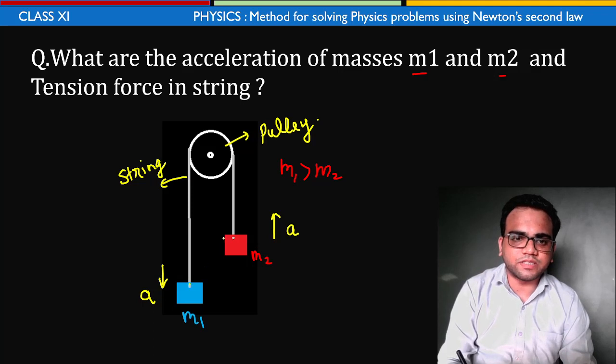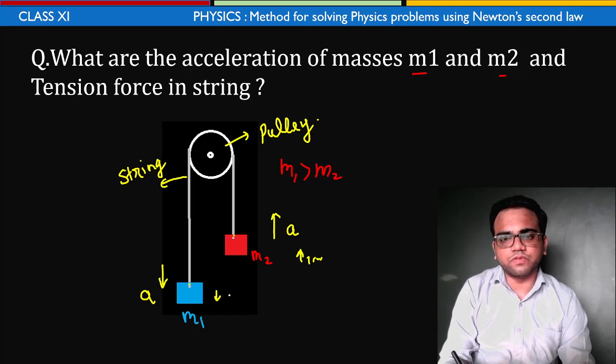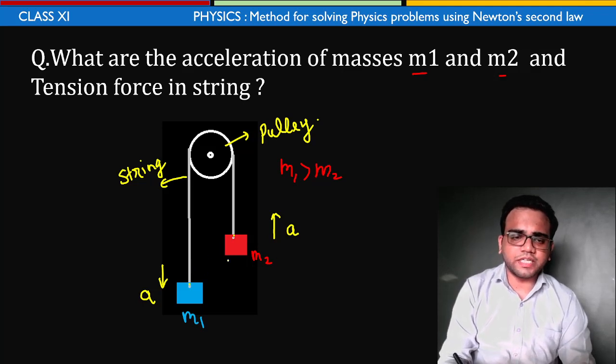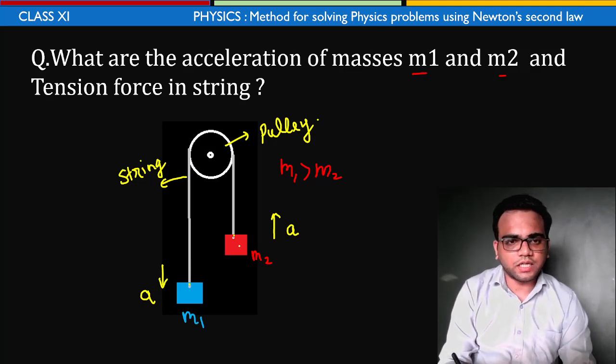Because they are connected with the same string. If this moves some distance, 1 centimeter, the first mass also moves 1 centimeter in the downward direction. So we can say the accelerations of these two masses are the same.